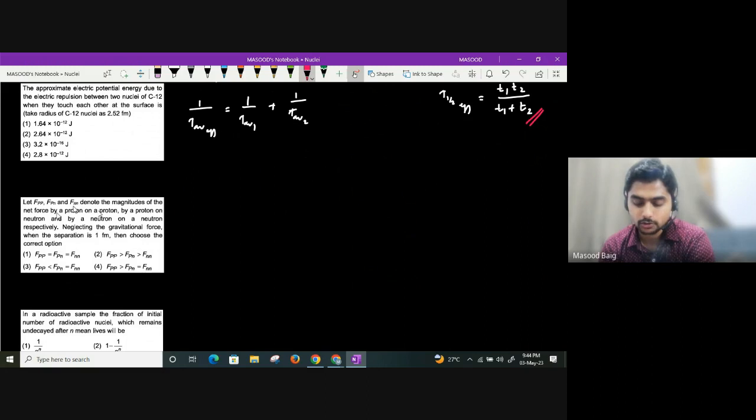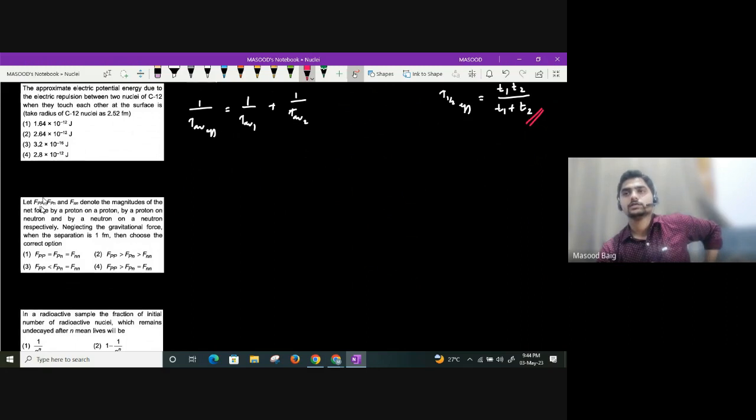Between neutron and neutron, you are not going to have any electrostatic force. 1 Fermi usually is 10 power minus 15 meters, guys. So in such cases, you should also take into account the repulsion between proton and proton, guys.